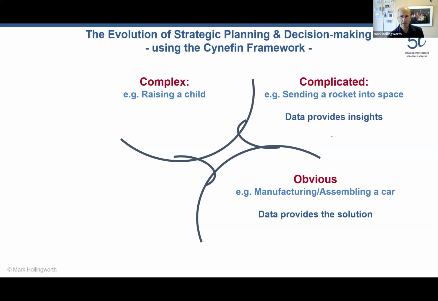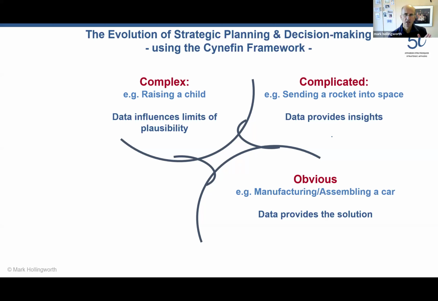In a complex world, it's a little bit more complex than complicated. Here, we can read all the books we want and watch all the YouTube videos and listen to our parents and counselors' advice on how to raise a child. But whether that child grows up to be a delinquent or a doctorate student, or maybe both, it isn't for sure that if we follow all the recommendations, that child will grow up to be a commendable member of society.